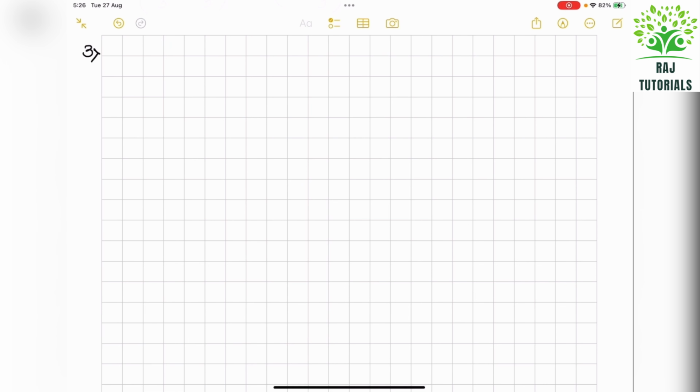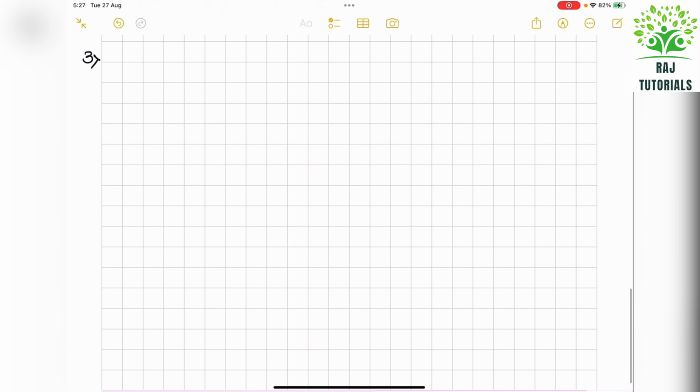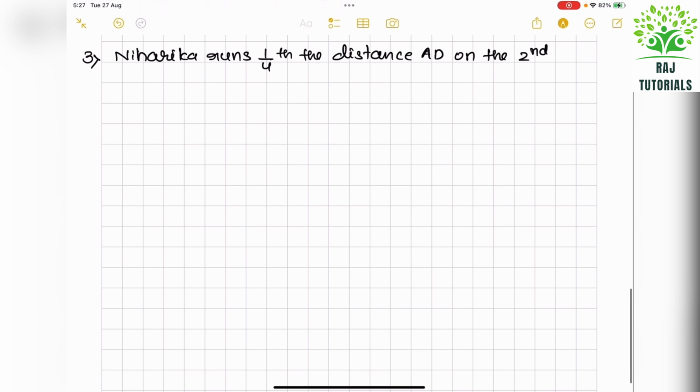So now coming to the answer of this, see, first it says Niharika runs 1/4 the distance AD on the second lane and posts a green flag.